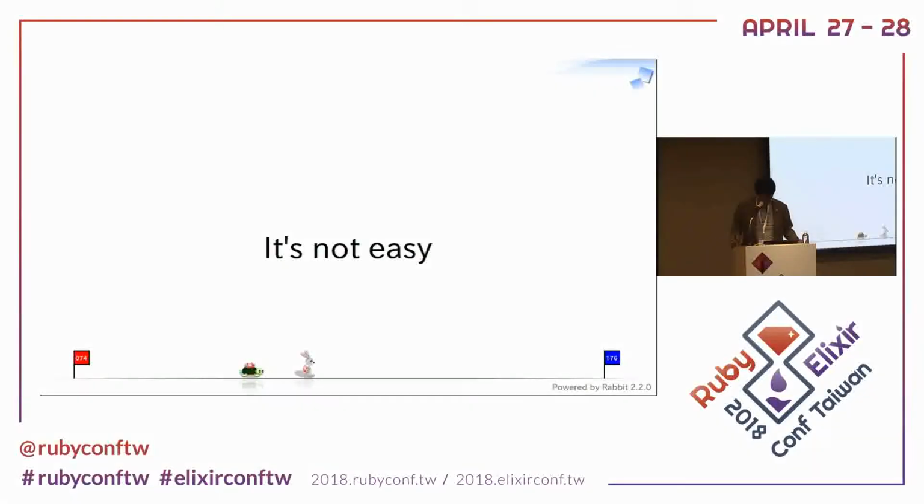It's not easy because we had worked on Ruby for the last 20-something years to improve the performance, so we have very few low-hanging fruit. So we improved the performance here and there. We improved the garbage collector. We improved the implementation of the internal hash tables. But it's not big enough to improve 3 times.